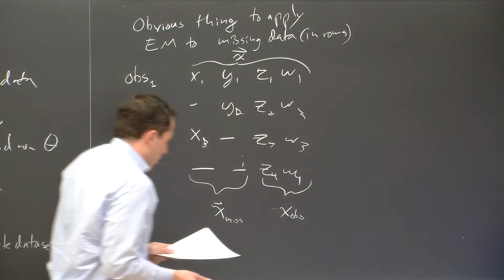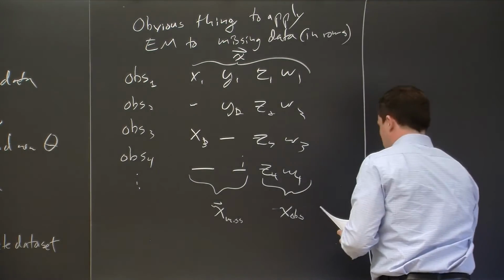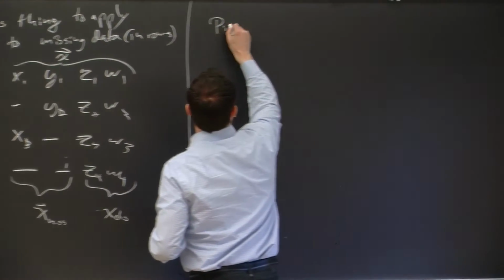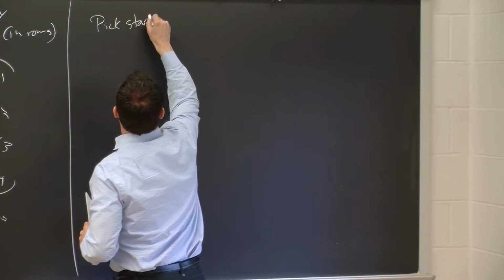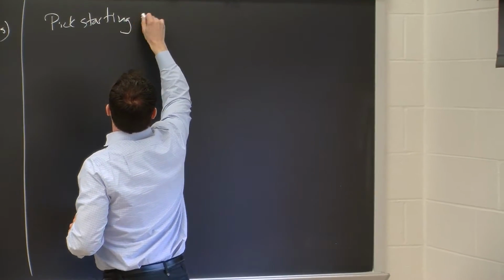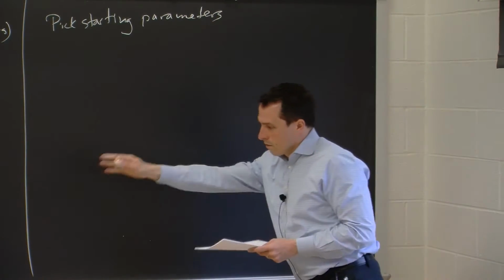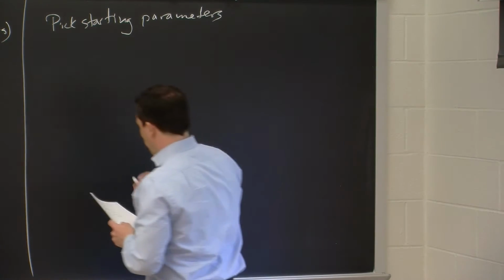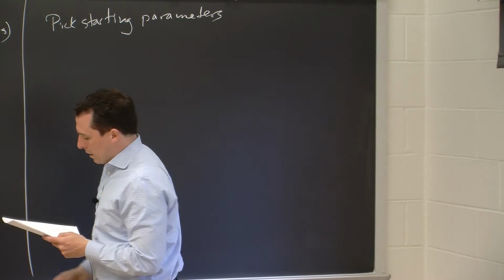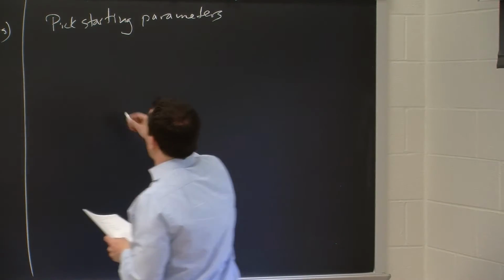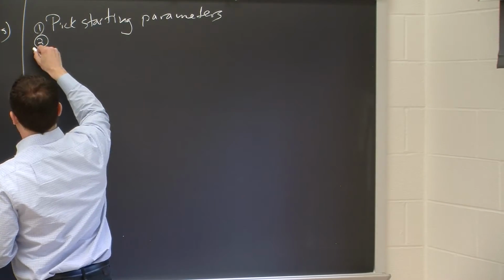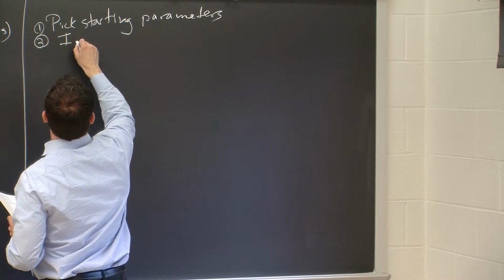So the obvious thing to do would be to pick some starting parameters by some method, like using complete case analysis. Impute the missing points.